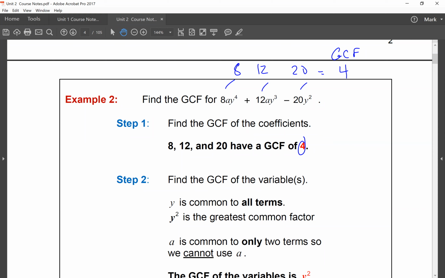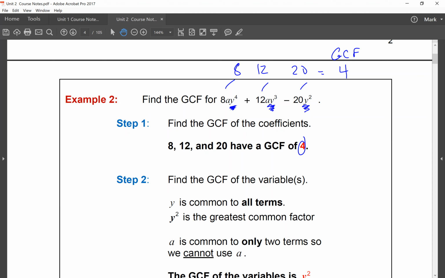That's perfect. Now, what about the other letters? This has an A, this has an A, and this has no A. Guys, it's very important to follow my pen. So A is not a common factor. I cannot use A here. However, this has 4 y's, this has 3 y's, and this has 2.